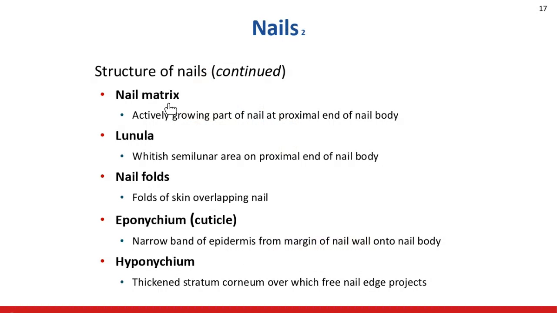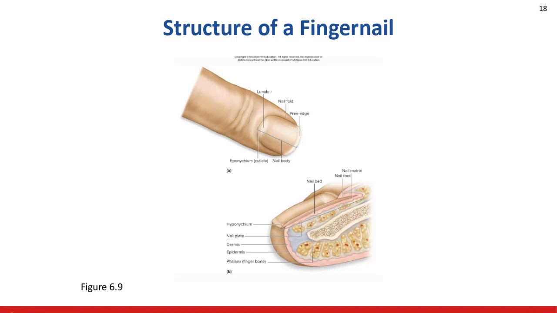A couple other parts to it. We have the nail matrix, and that's the actual part that's growing. You notice how your nails grow out from your finger, so they get pushed out from underneath your skin. The part that's pushing it out is the nail matrix. That's where we're seeing the actively growing part of the nail. If you look closely, you can see a whitish structure, which is this region here.